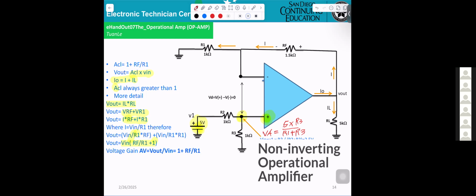Okay. So 5 volt times 1K divided by 1K plus 1K. So I believe at this point here, VA equals 2.5 volt. Correct? Five times 1 divided by 2. Okay? 2.5 volt. So at this point, 2.5 volt.